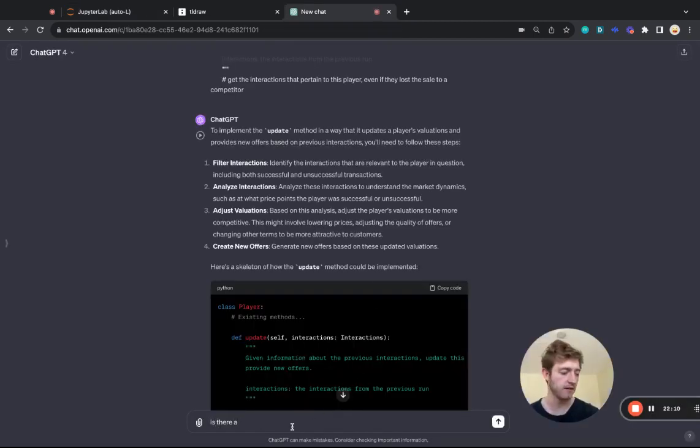Is there a way to get the name of a variable?